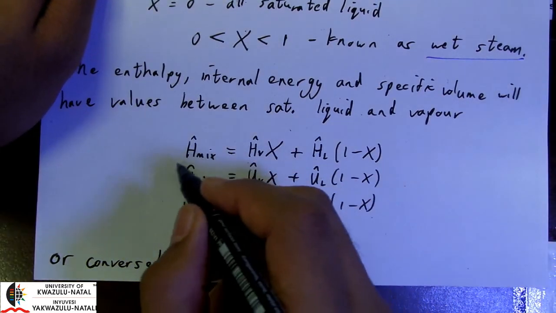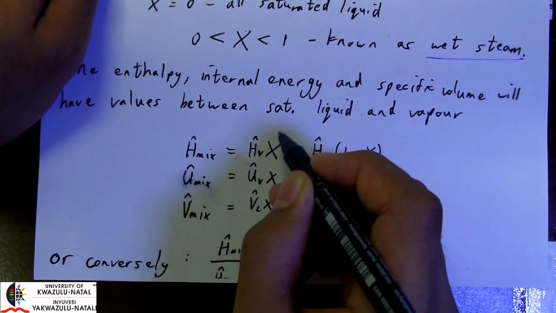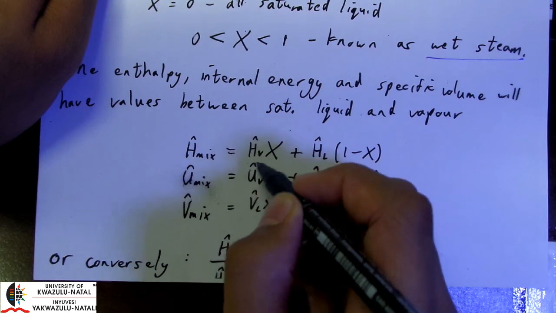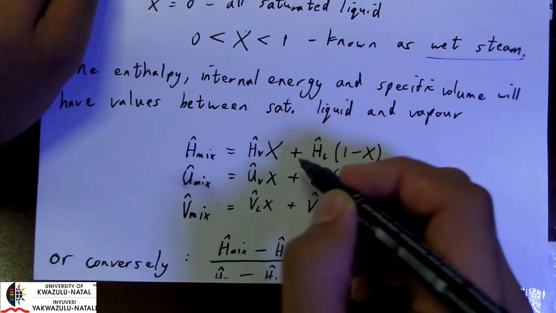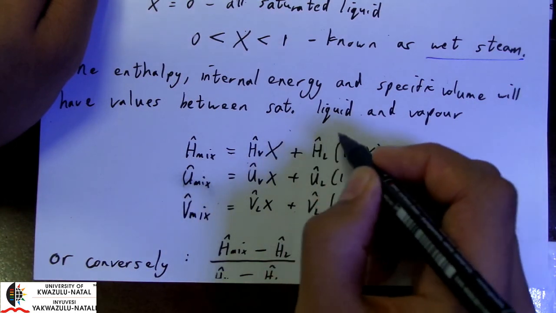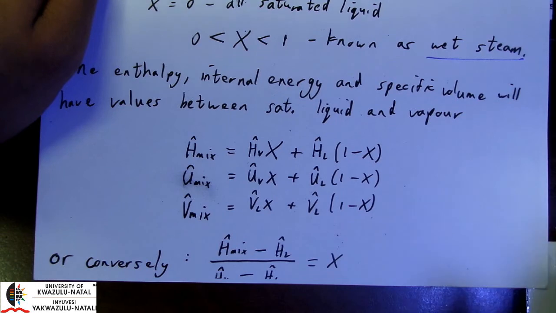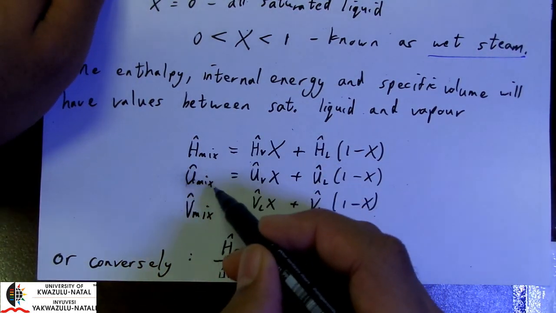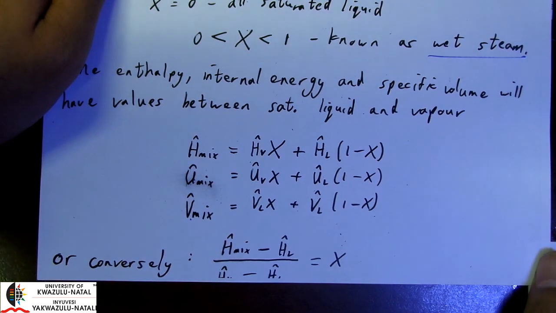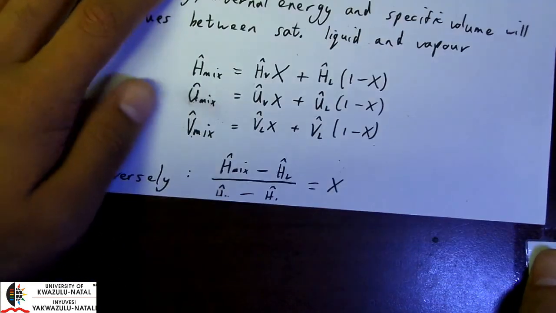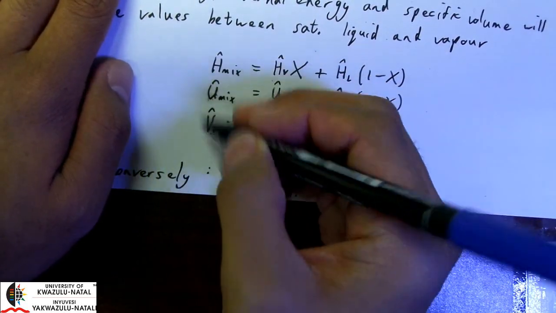Our enthalpy, for example, is equal to the enthalpy of the saturated vapor multiplied by X, our steam quality, plus the enthalpy of saturated liquid times 1 minus our steam quality. It's a similar equation for our internal energy and our specific volume. So this is our mixture enthalpies, etc.